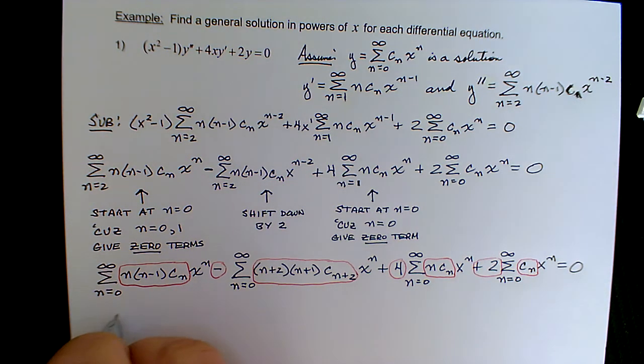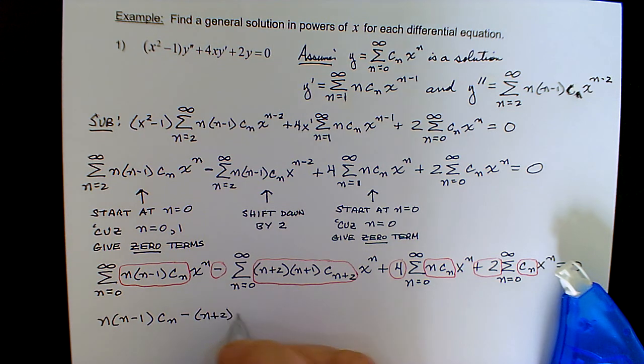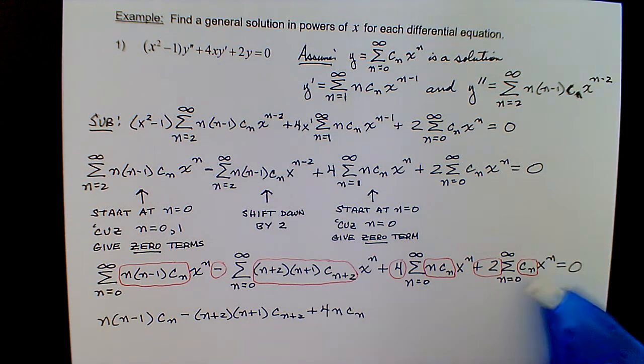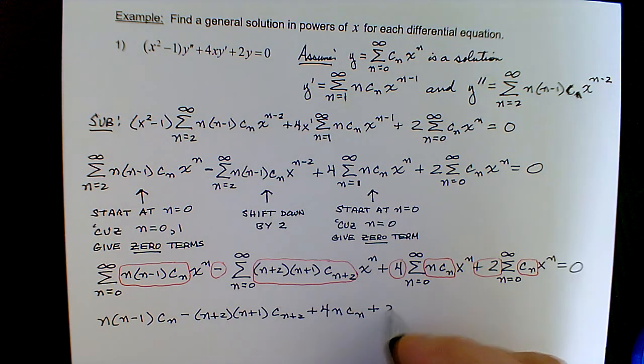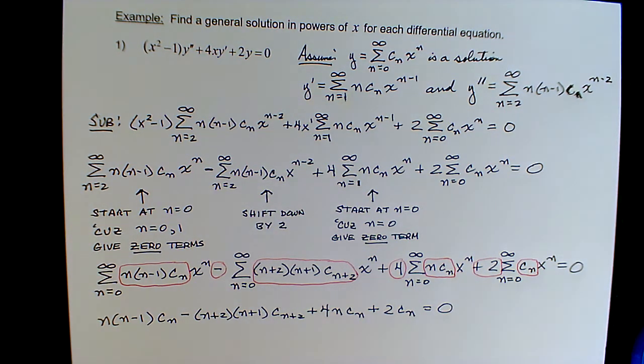Okay, so therefore we have n minus 1 c sub n, minus n plus 2 n plus 1 c sub n plus 2, plus 4 n c sub n, and then plus 2 c sub n, and then that would have to be equal to 0. Alright, so now we're going to solve for c sub n plus 2.